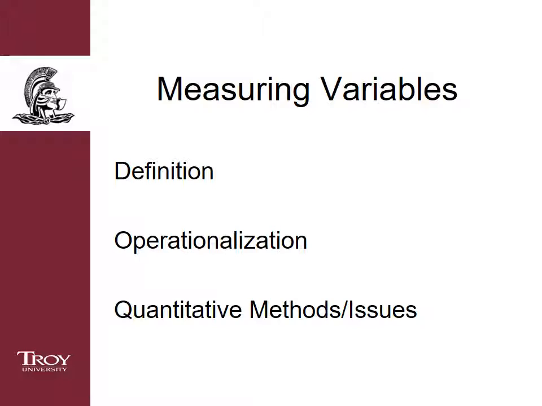So we're going from abstract to concrete, from ideas to indicators. And that's a very important process of measuring the variable. And then once we've got that, we have some quantitative methods for doing that and issues involved in what is the measure? And so these are things to consider that are kind of technical aspects of the concrete indicator you end up with in the operationalization process.